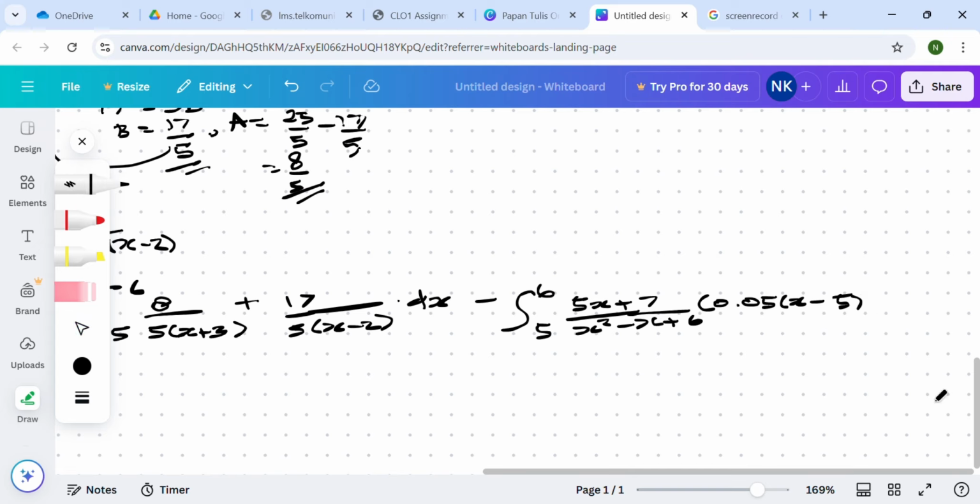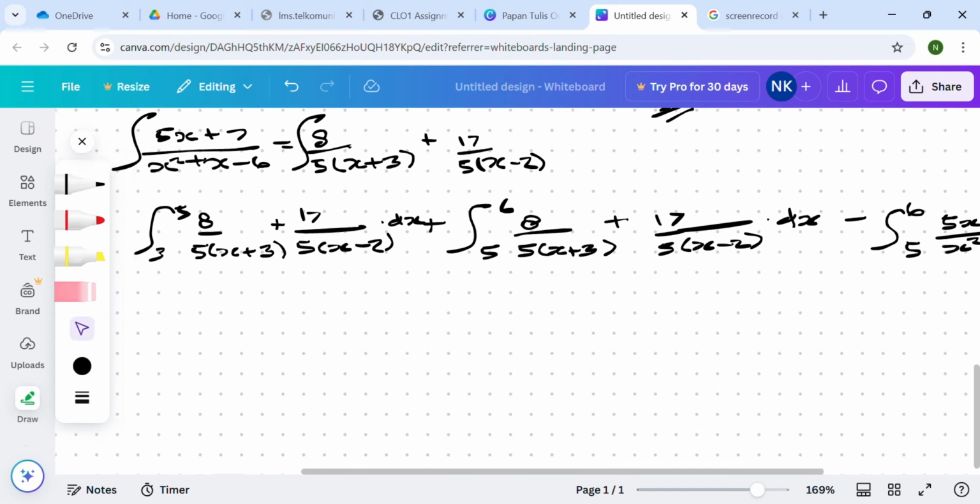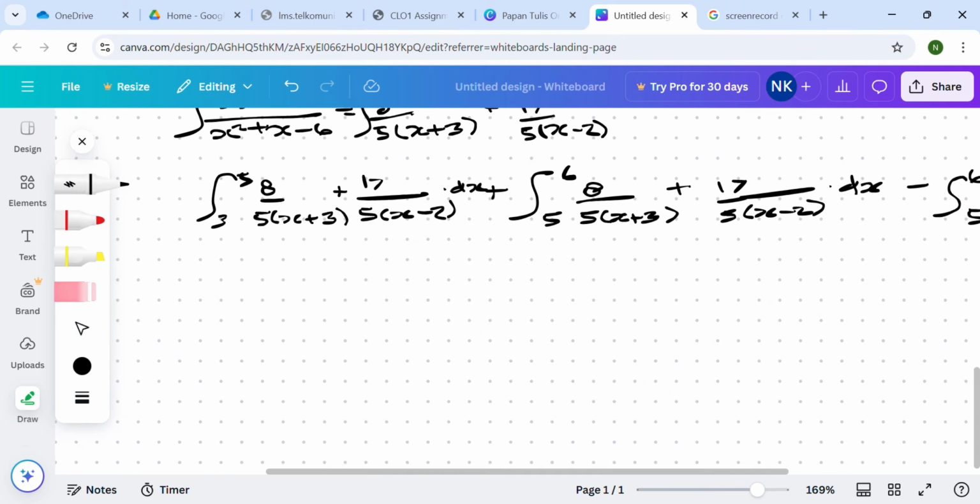We should leave this the way it is, and now we have to evaluate both parts, okay? So this is equal to 8 over 5 ln x plus 3, plus 17 over 5 ln x minus 2.